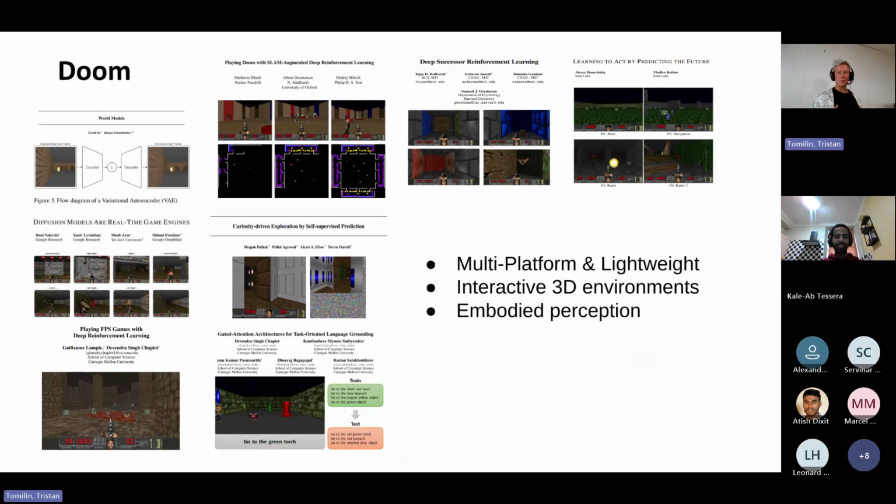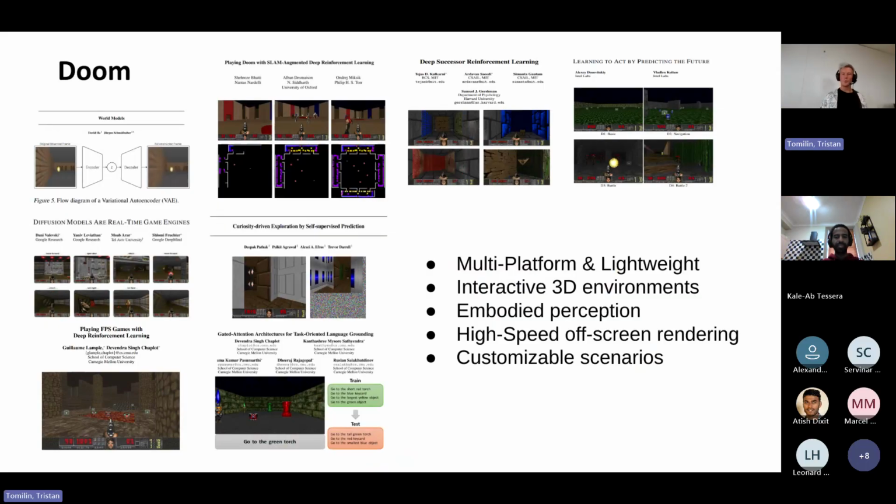The perception within these environments is similar to how we humans perceive the world from an embodied egocentric view. It facilitates very high-speed off-screen rendering, up to 7,000 frames per second. And very importantly, we can customize the scenarios and their difficulty alike.